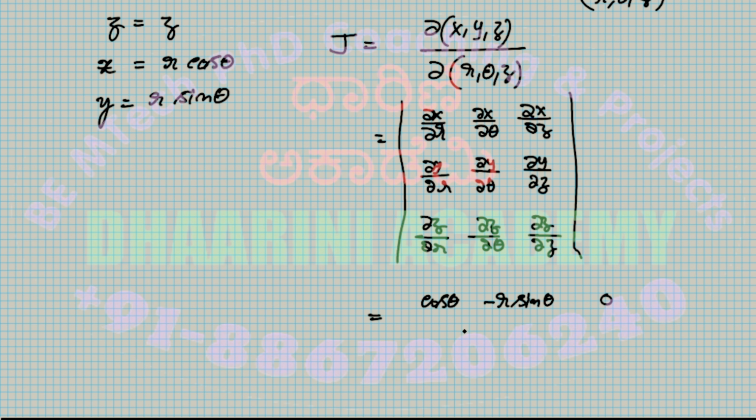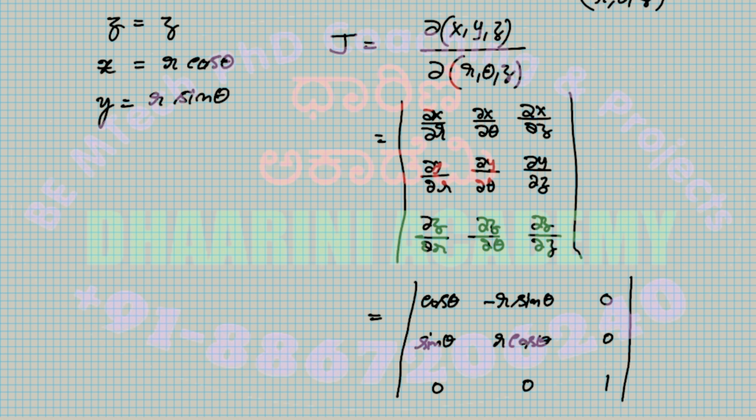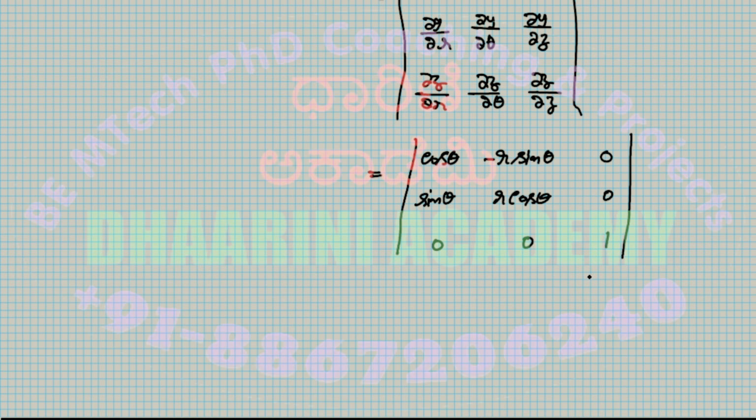Next, dou y by dou r is sin theta. Then dou y by dou theta: sine theta becomes cos theta, so this is r cos theta. Y is independent of z. Z is independent of r and of theta. Dou z by dou z is 1.